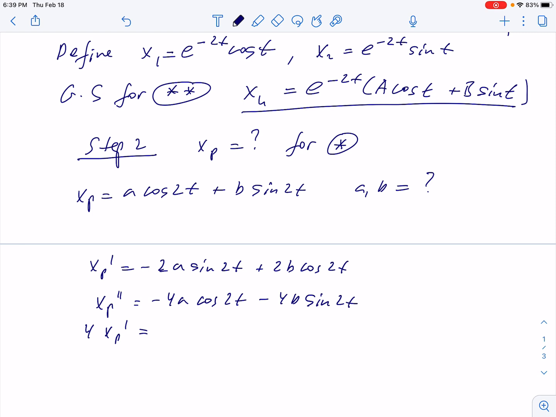This is for easy computation. So I multiply this line by 4 and write it here. There will be 8b cosine 2t minus 8a sine 2t.